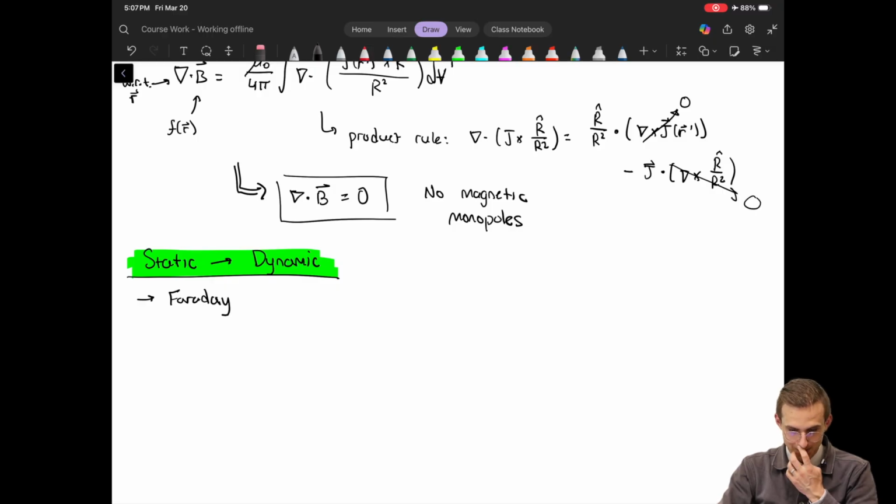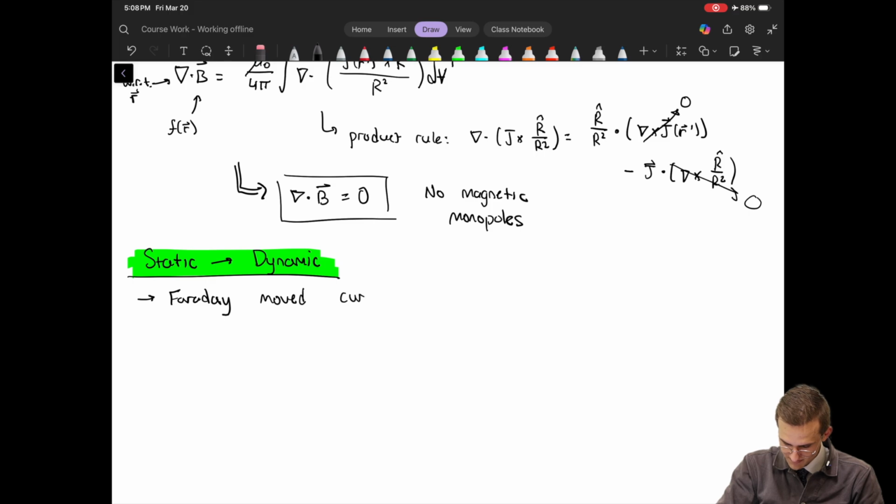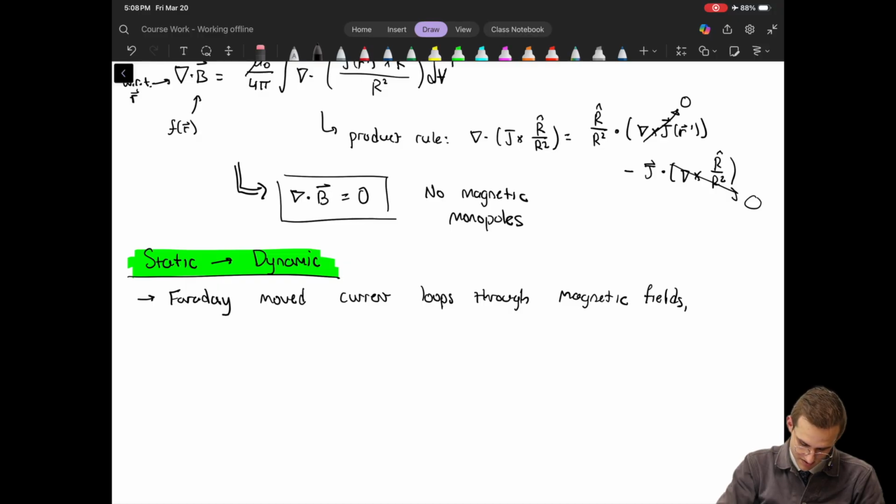And so he was messing around with current loops and moving them through magnetic fields. So he moved current loops through magnetic fields, and he found the following.